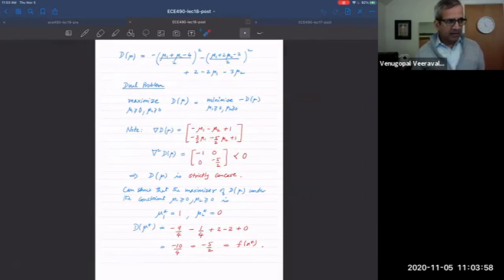You'll do another example very similar to this in the homework and verify that strong duality holds. So, any questions? All right. No questions. Let's get to today's lecture.